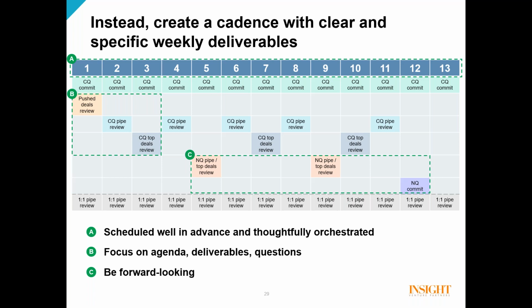Everyone is on the same page about what they are expected to bring. So when you replace the general forecast call that may be an hour or maybe 90 minutes with tailored, curated, and very focused meetings, you might even save time because everyone comes knowing what they're bringing.